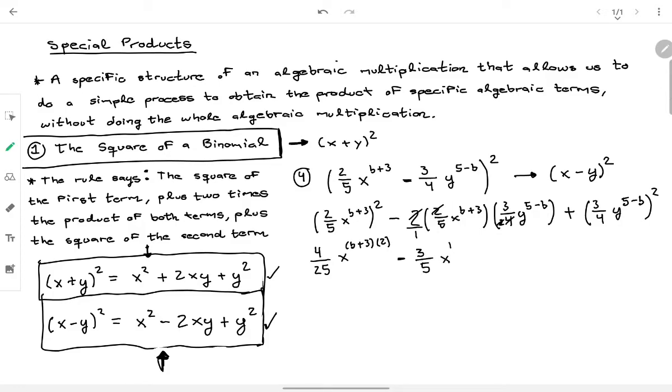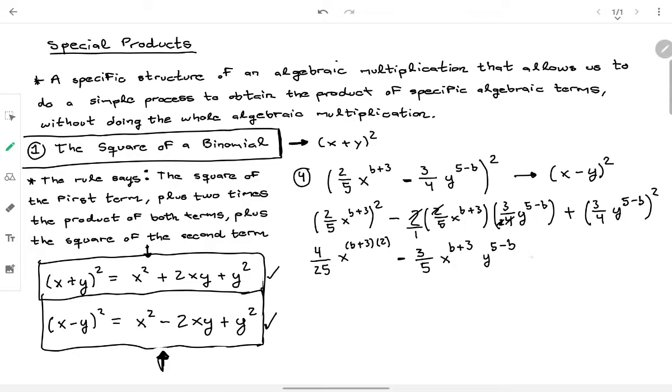Here it will be x to the v plus 3 and y to the 5 minus v. Remember, we cannot join or add these powers because the powers of x are not the same as the powers of y. We will need to have the same base to be able to add the powers.